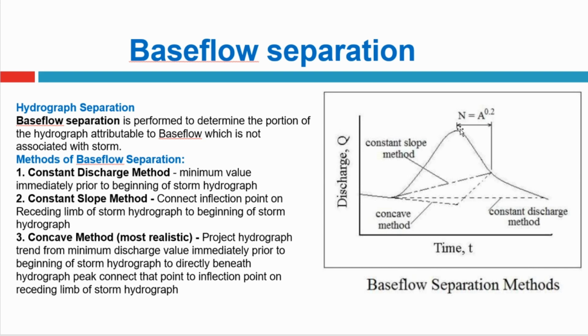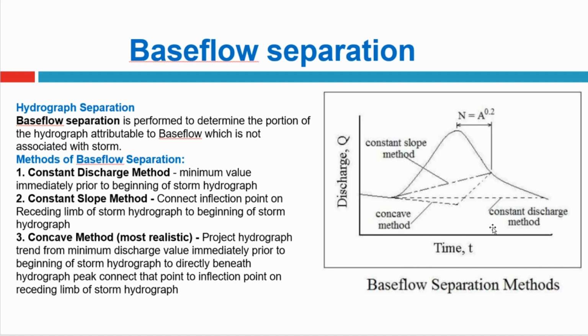So from the peak to this point you have to measure this number of days. For example, if it is 1 day, it means 24 hours. So if this time is in terms of hours, you have to start from the peak point and go in this direction till you reach 24 hours.